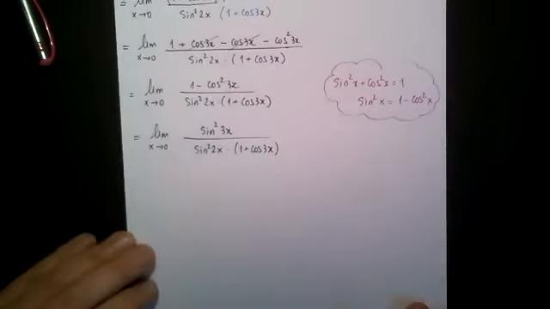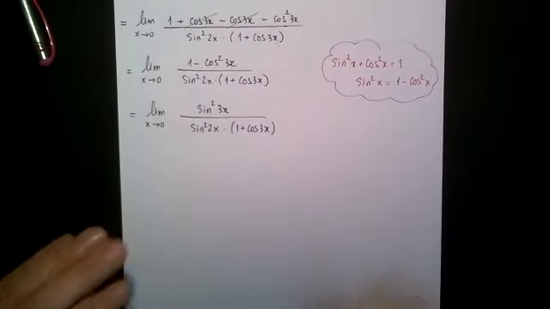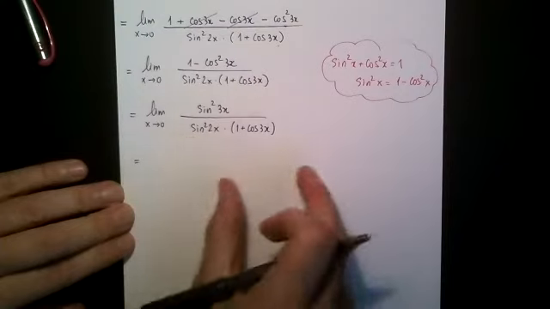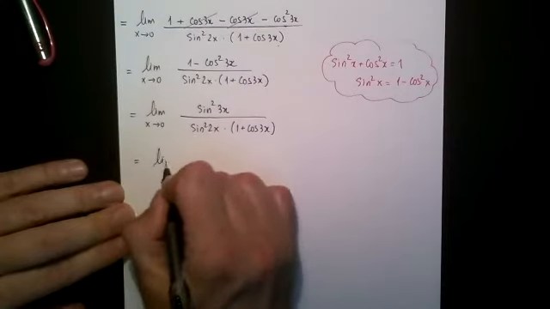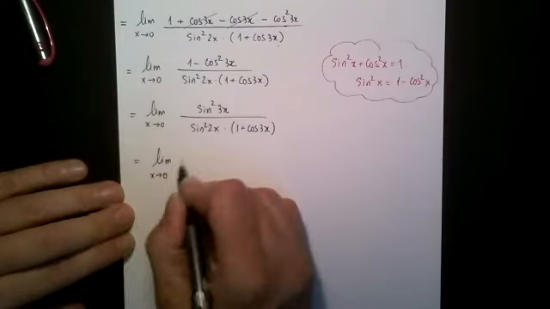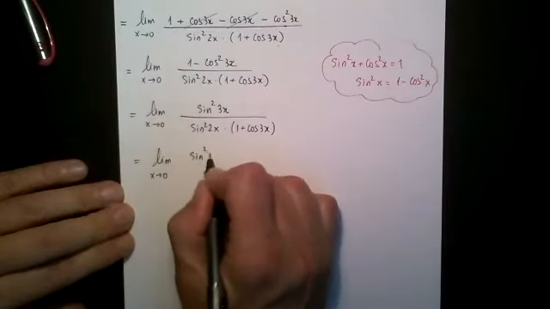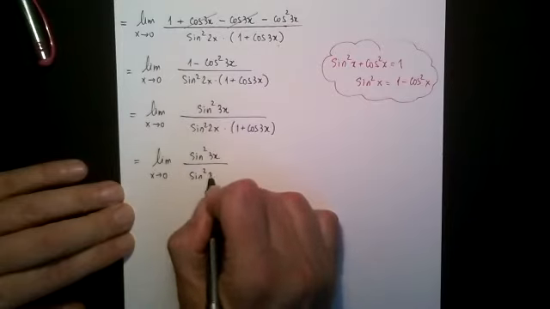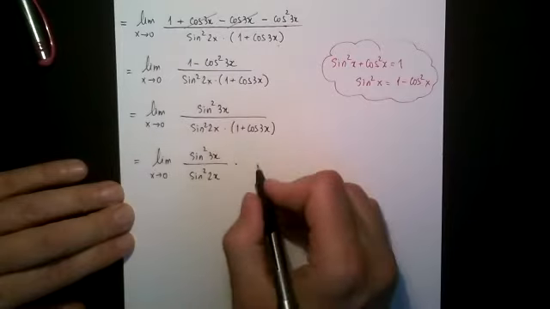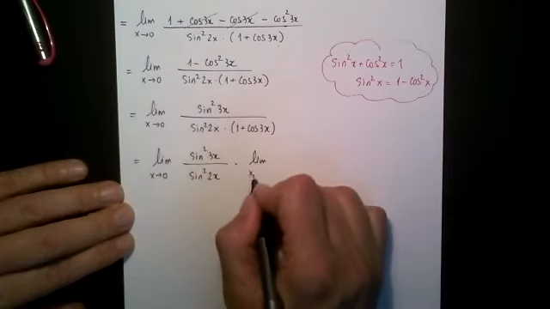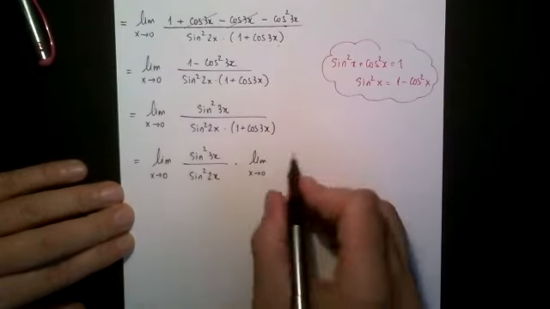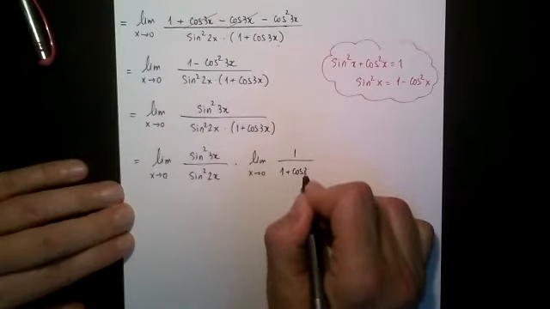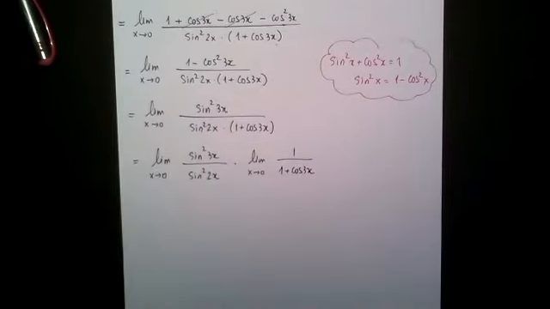We're almost done. So it's equal to, I'm going to separate the limit into two parts. The first limit, limit x approaches 0 of sine squared 3x over sine squared of 2x times, and then the second limit, I will take care of this guy, which is going to be 1 over 1 plus cos of 3x. Okay, I did not change anything.